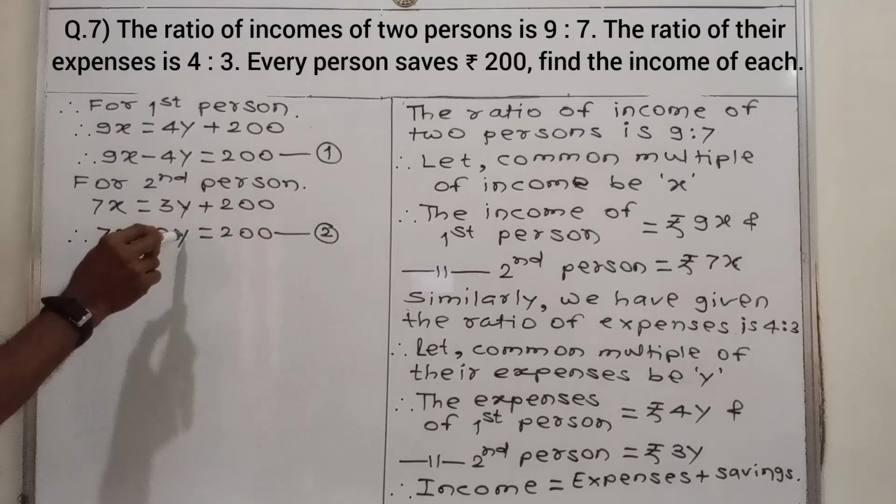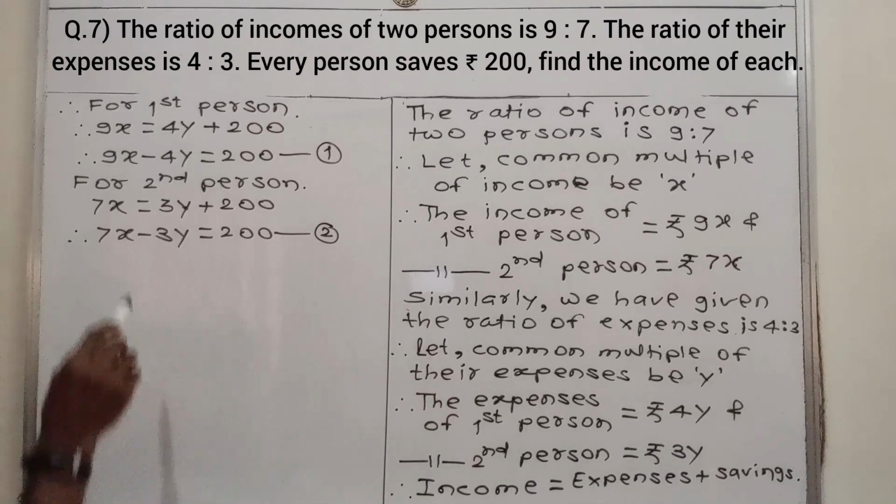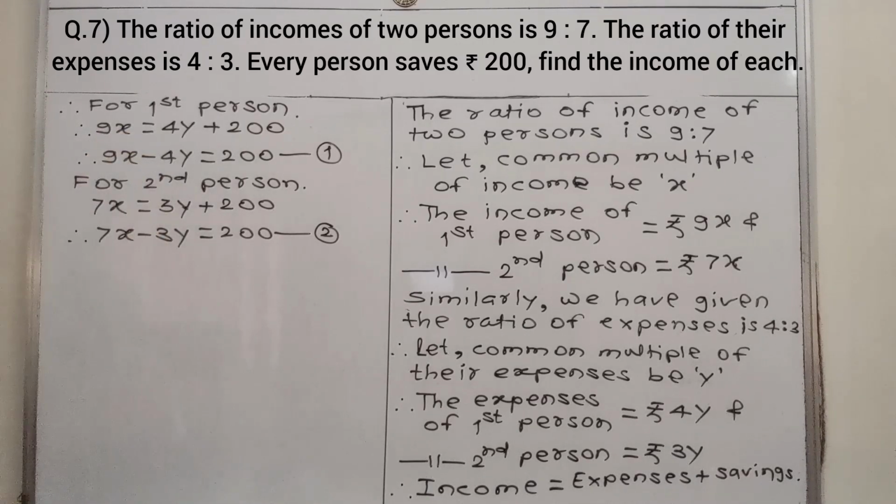Now here coefficients of x and y are not same or equal. So we equate coefficients of variable y and we eliminate variable y, because the question is find their incomes. Find their incomes. So we want value of x. X is the common multiple of income. Did you get it?